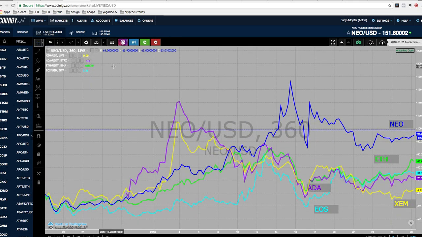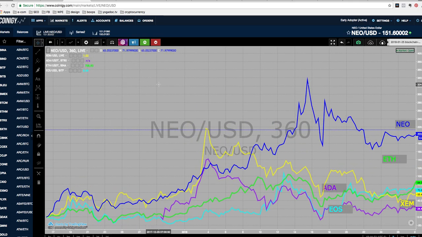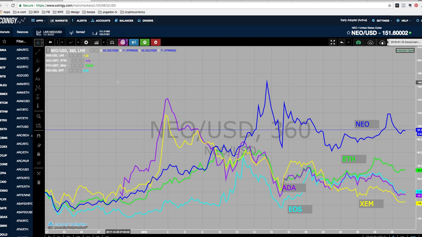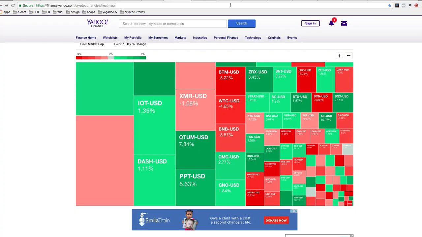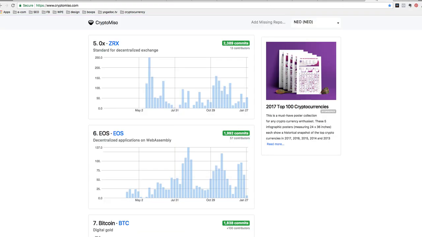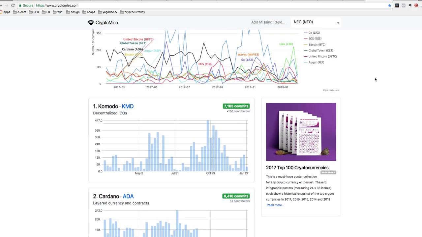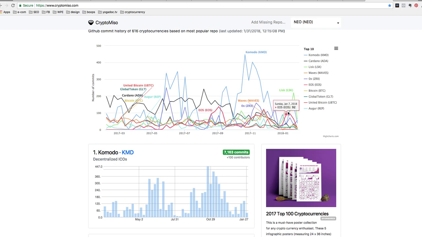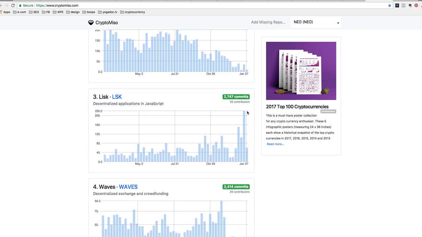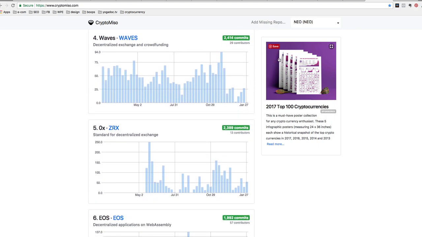Now we have a comparison chart of 5 blockchain builders to compare the price and how they perform relative to each other. So the new tools that we're talking about today are the Yahoo Finance cryptocurrency heat map, the categories, the Crypto Miso site where you can look at developer activity and see how frequently the code base for your coin is updated, and they'll put that on a single chart where you can compare all the different coins and look at the leaders and maybe get some new ideas for investment decisions.